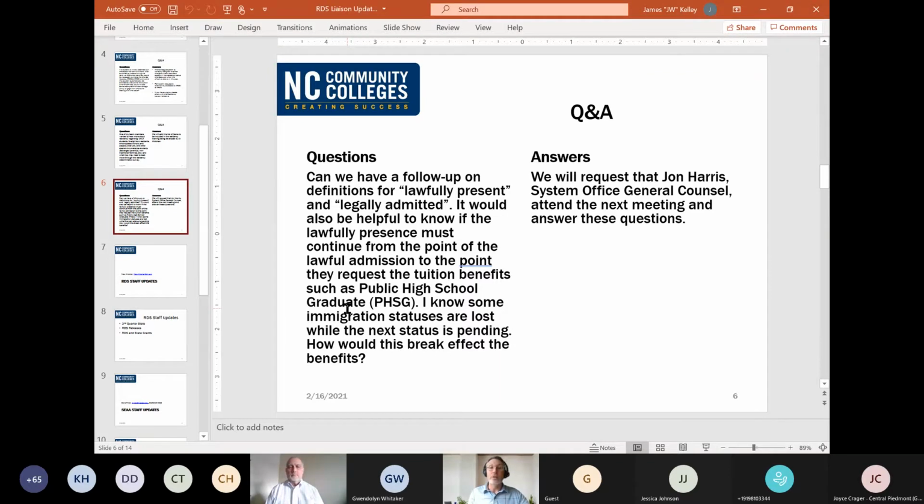graduate. So I think the big concern with this question is: a person legally enters the United States on a visa of some type. They graduate from a public high school, but they let their visa expire. Are they still eligible for the public high school graduate exemption?